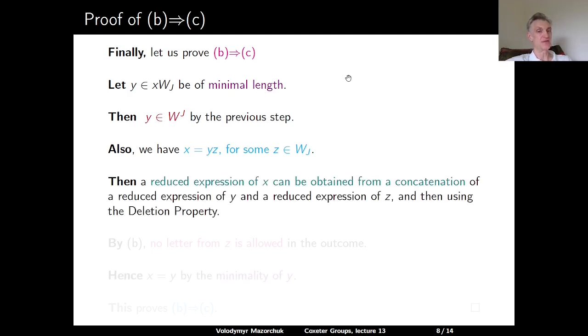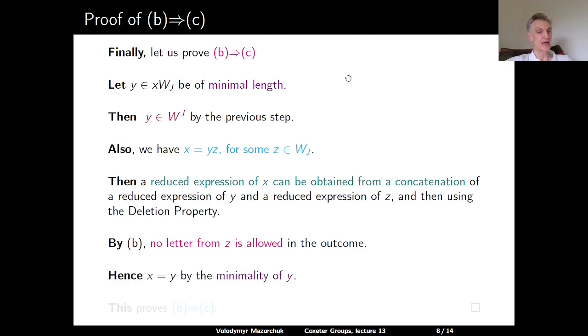But this means that a reduced expression of x can be obtained from a concatenation of a reduced expression of y and the reduced expression of z, and then we use the deletion property to make a reduced expression. But because we have condition B, no letter from z is allowed in our outcome. We cannot end a reduced expression of x with an element in J.